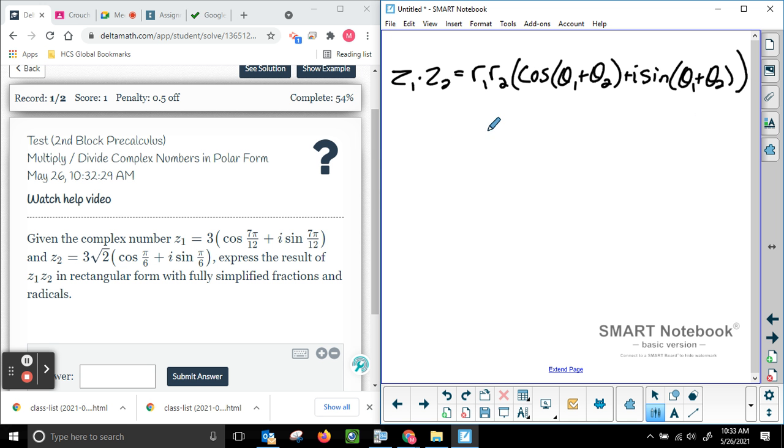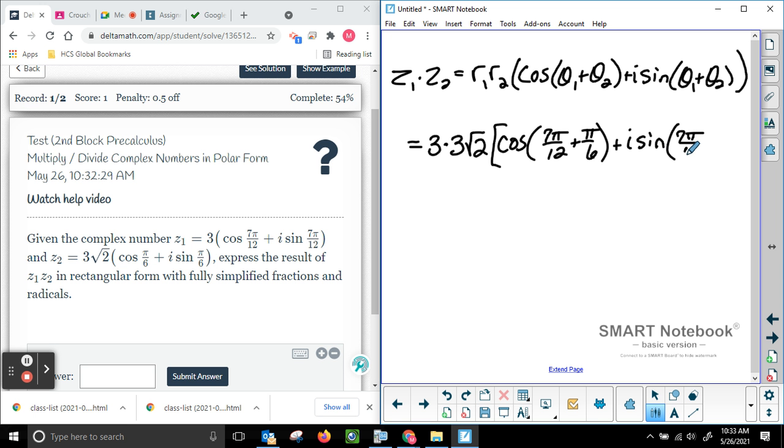So in this specific case, we are going to have 3 times 3 square roots of 2, times the cosine of 7 pi over 12 plus pi over 6, plus I times the sine of 7 pi over 12 plus pi over 6.